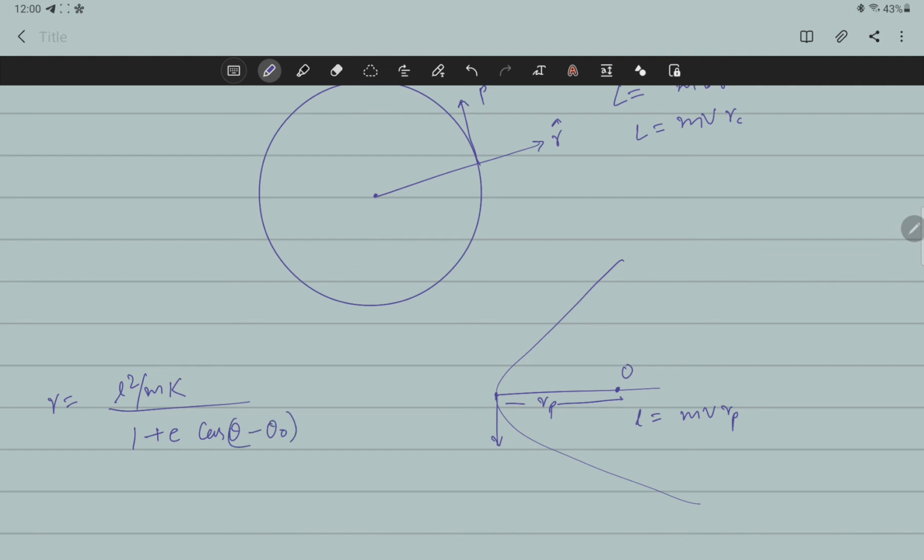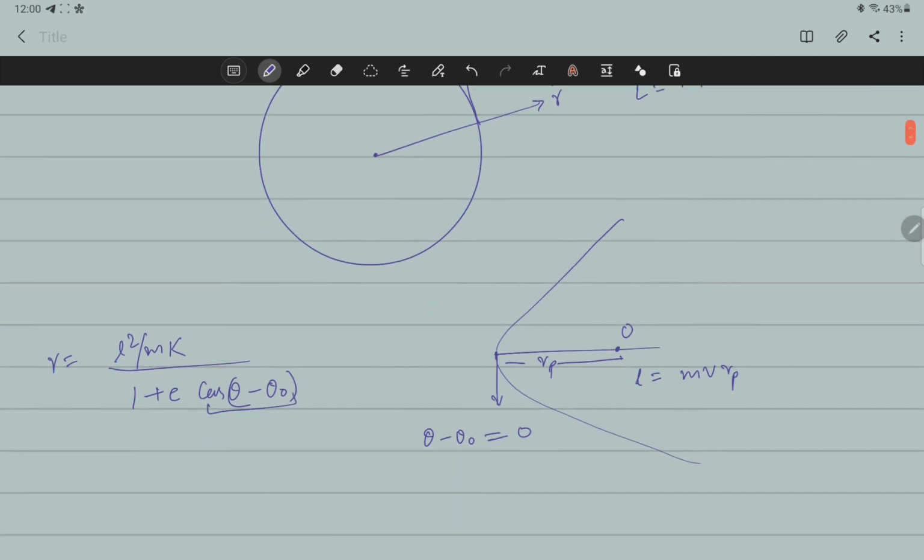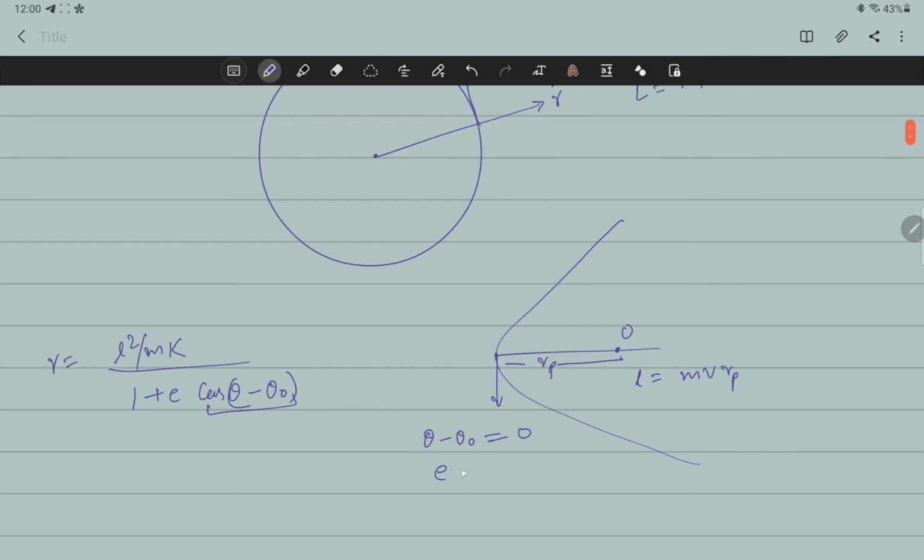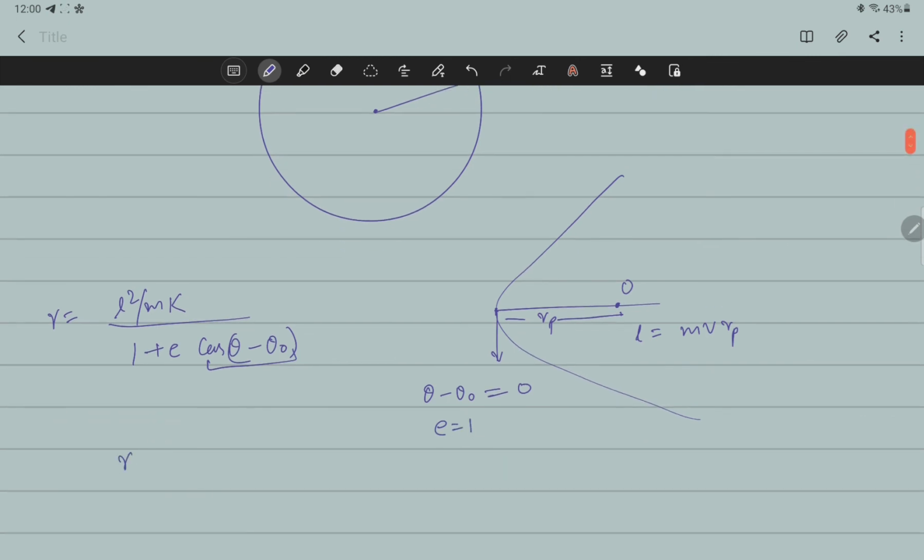So this is the given. So at pericenter, theta minus theta naught will be taken to be 0. So this will become 1, and for a parabola e is already 1. So rp will be given as L square by mk by 2.